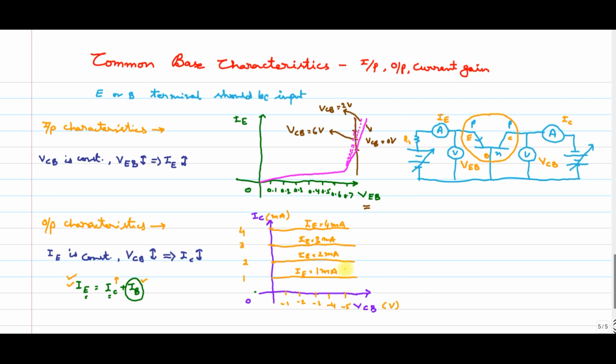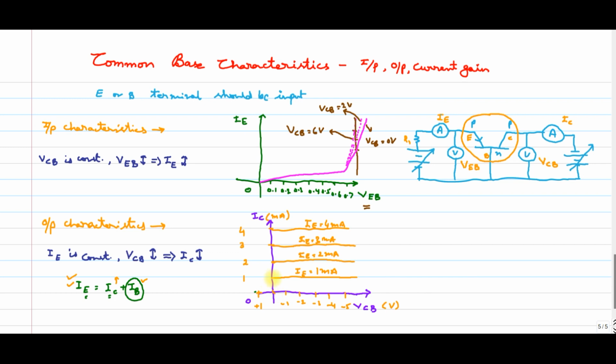For getting IC equal to 0, we need to apply the voltage in the opposite direction, that means we need to provide forward bias voltage here. So within +1 V everything will come and make IC 0.